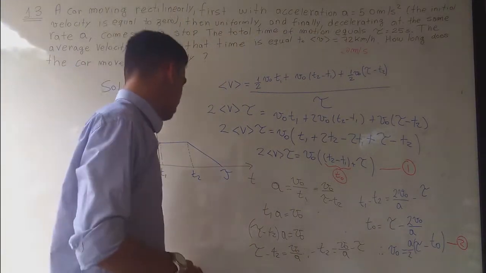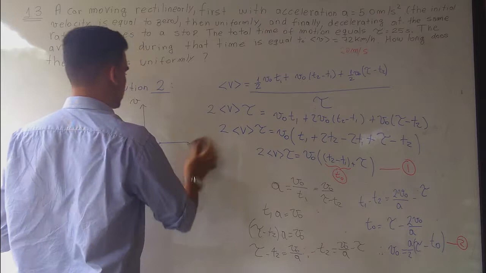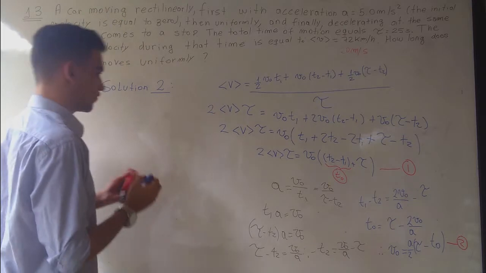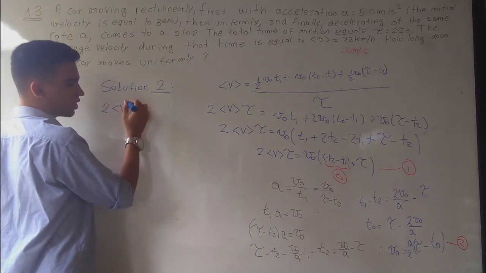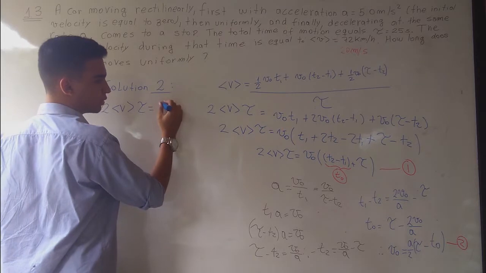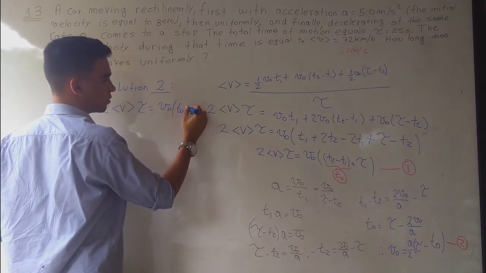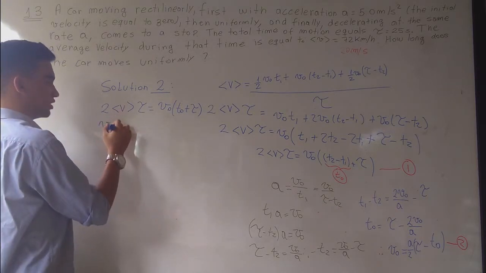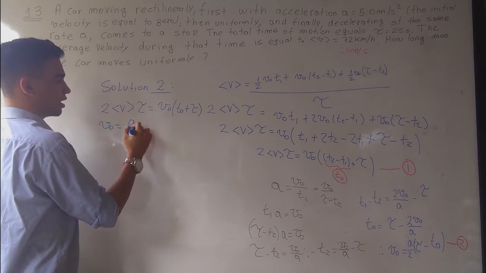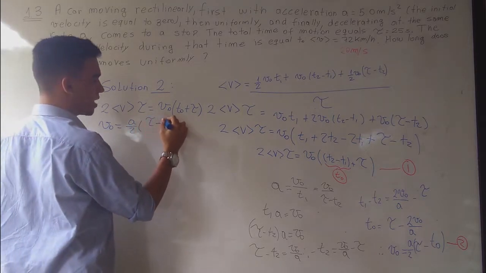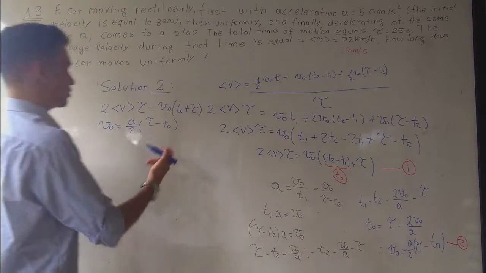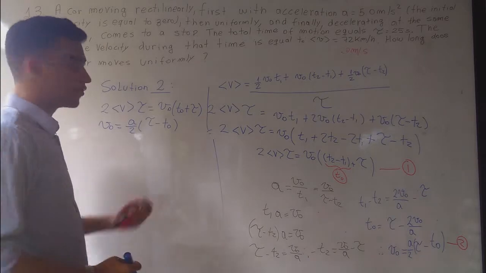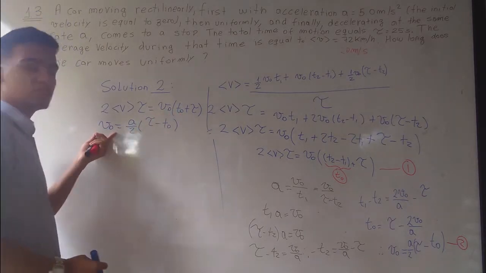So let's erase this graph that we won't use anymore and do the following. We have 2 average velocity times tau is equal to V0 times T0 plus tau, and we have that V0 is equal to A upon 2 times tau minus T0. That's our second equation. So in place of V0 we can put this V0.